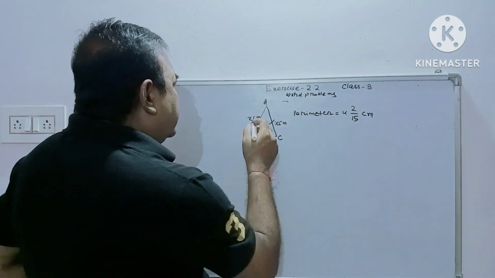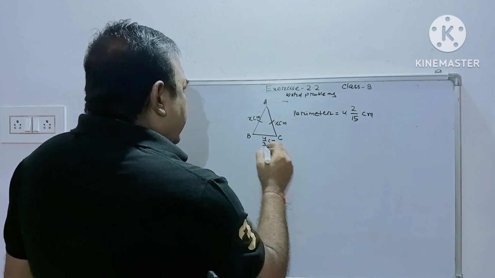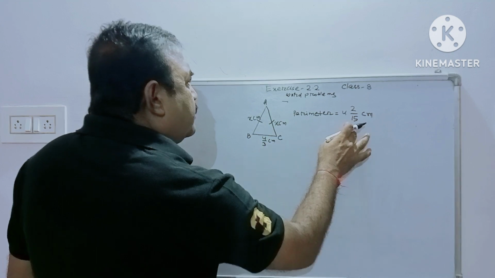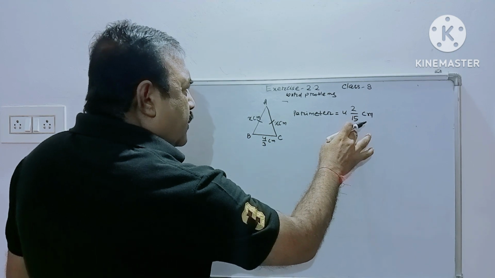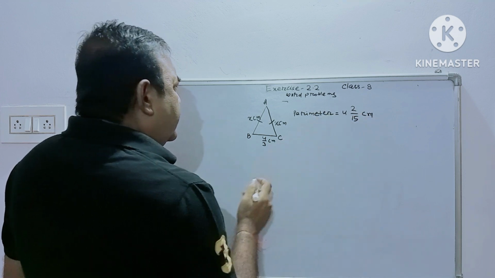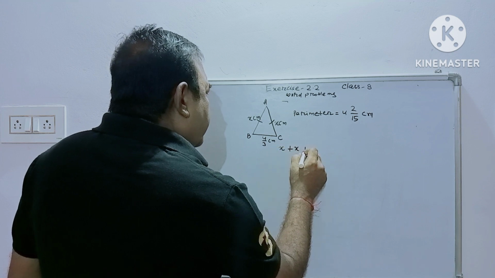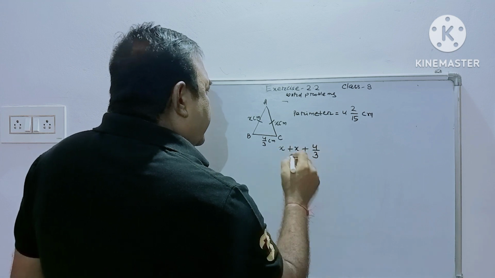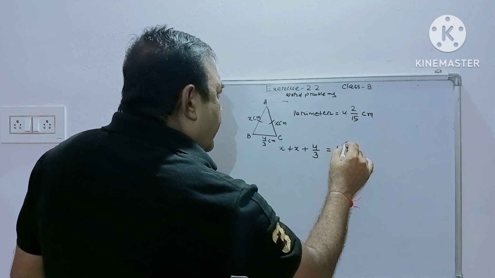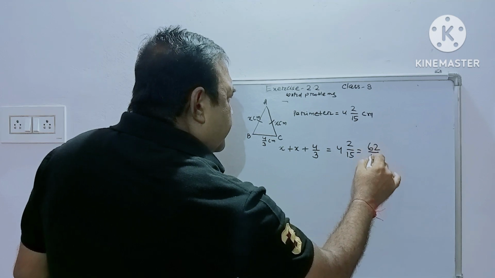What are the lengths of the 3 sides? x centimeter plus x centimeter plus 4 upon 3 centimeter, that is equal to 4 whole number and 2 upon 15 centimeter. That is the perimeter. So according to the question, you write x plus x plus 4 upon 3 is equal to 4 whole number and 2 upon 15, that is equal to 62 upon 15.